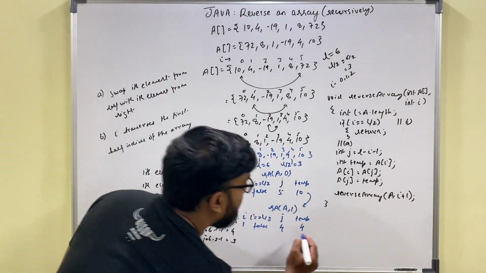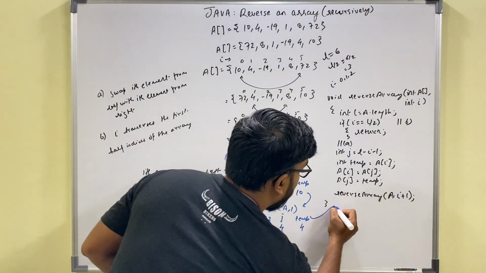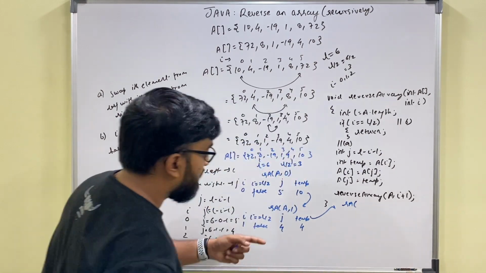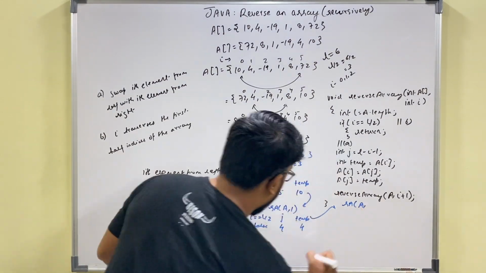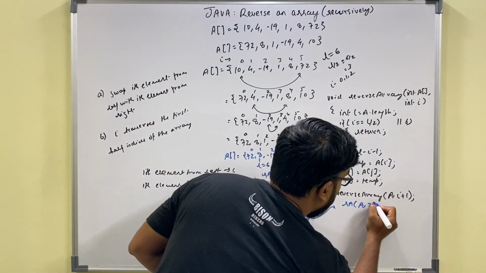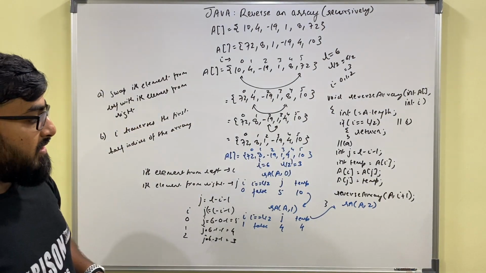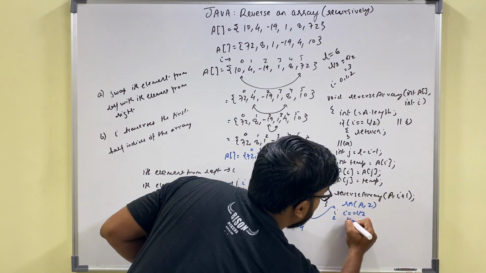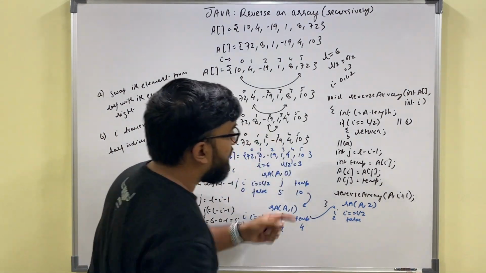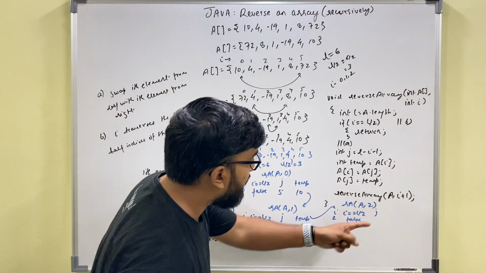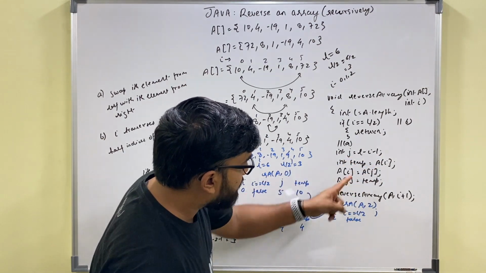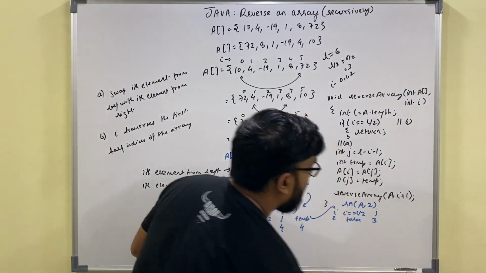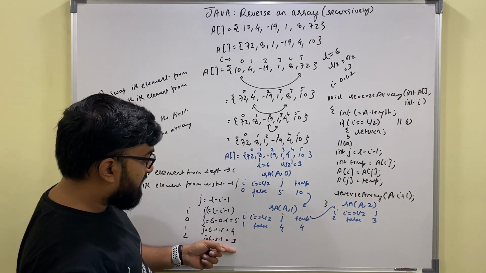You call reverse array again with the same array A and I plus 1, which is 2. So I gets 2. I equal to L by 2, 2 equal to 3, is false. We come here and calculate j. J is L minus I minus 1, 6 minus 2 minus 1, which is 3. For I equal to 2, we get j at 3.